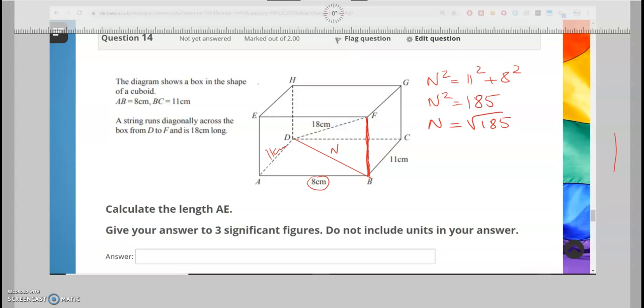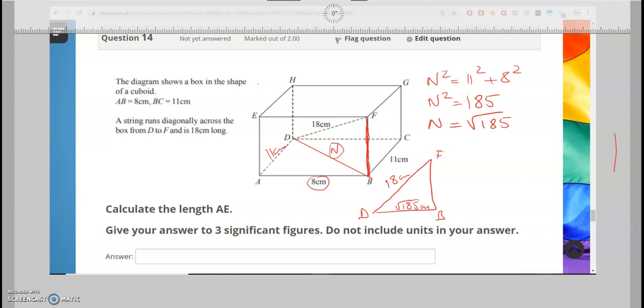Now, once I have this, it forms a right-angled triangle with D, F, and B. So these points make a right-angled triangle. So F is here, we have D, and then we have B. So this is 18 centimeters. This is square root of 185 centimeters.